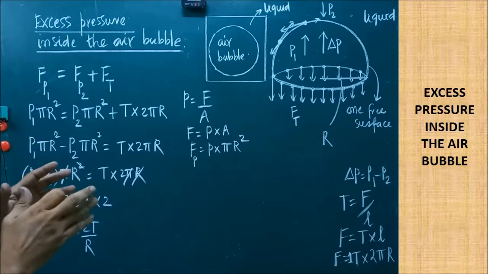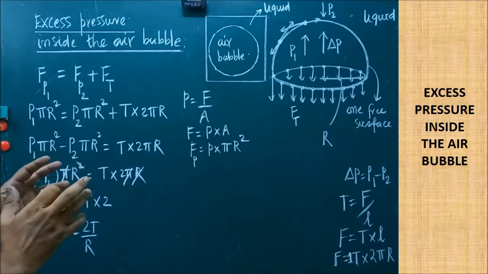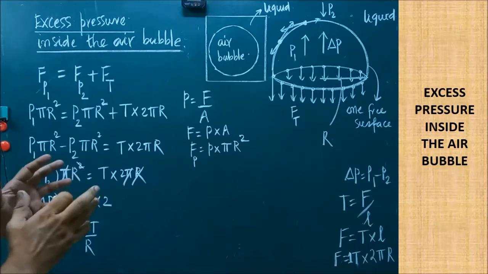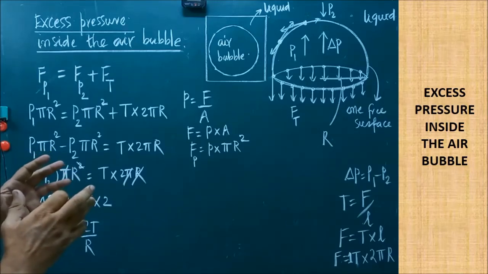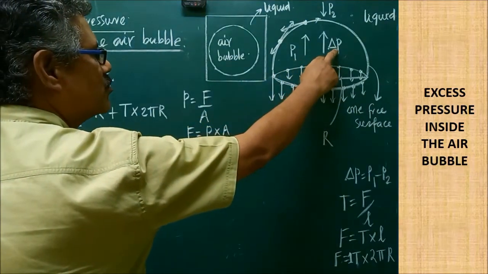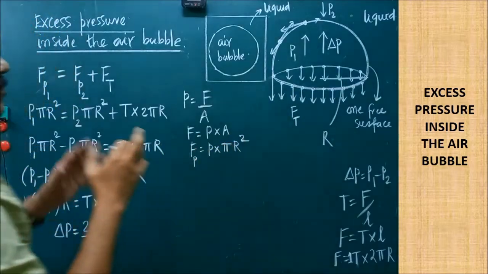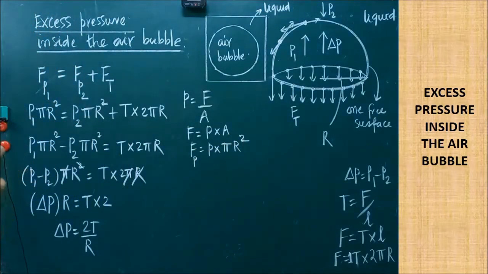How does the air bubble always remain in the same shape, how is it able to maintain the shape? How is it possible? As long as the force due to excess pressure is equal to the force due to surface tension, the bubble will remain in the form of a spherical shape. Are you clear? That is the purpose of learning the excess pressure.